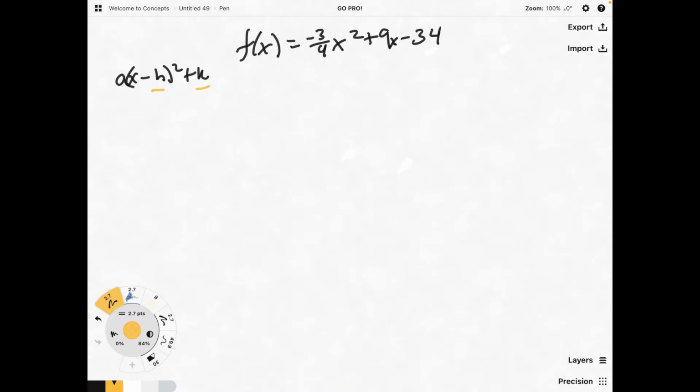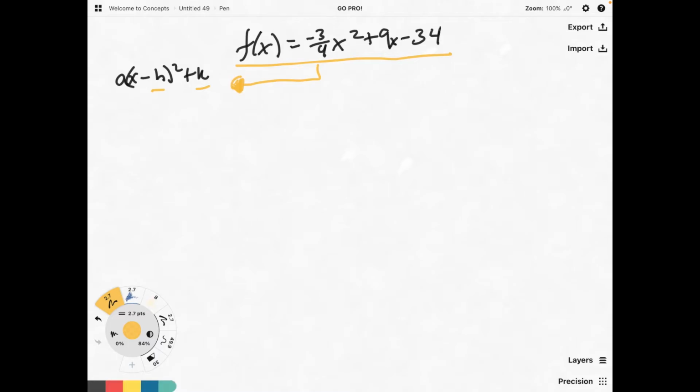However, we're given this equation as the standard equation for a quadratic, and so what we'll need to do is complete the square. When we complete the square, we'll be able to transform this equation into this equation, allowing us to find those values of h and k and be able to answer this question.